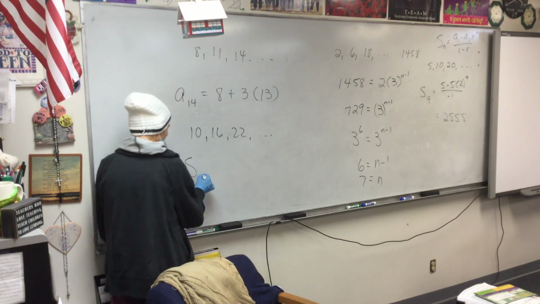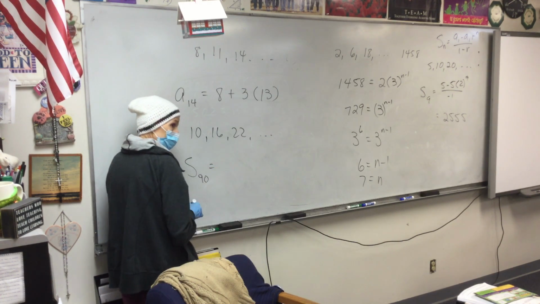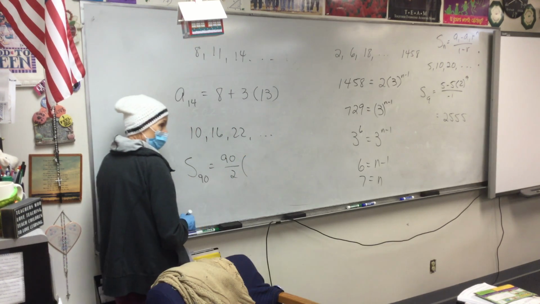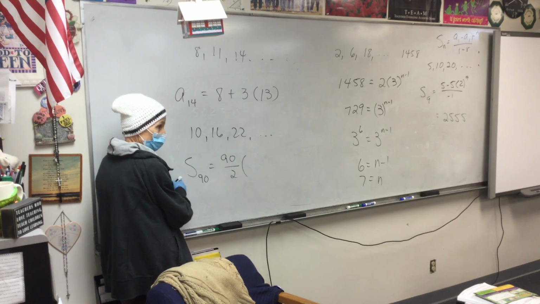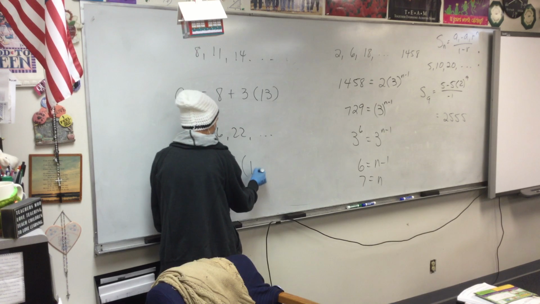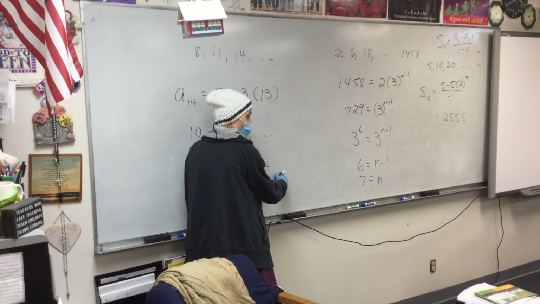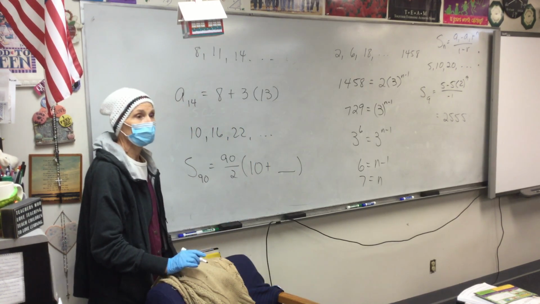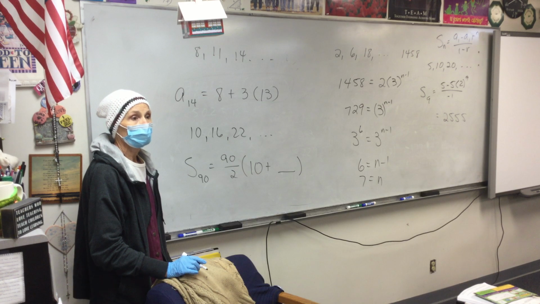It's arithmetic, and we're adding up 90 of them, right? So we're going to have 90 over 2. This is my arithmetic sum formula. Now, what goes here? 10. What goes here? The last term, which, oh my gosh, we do not know.